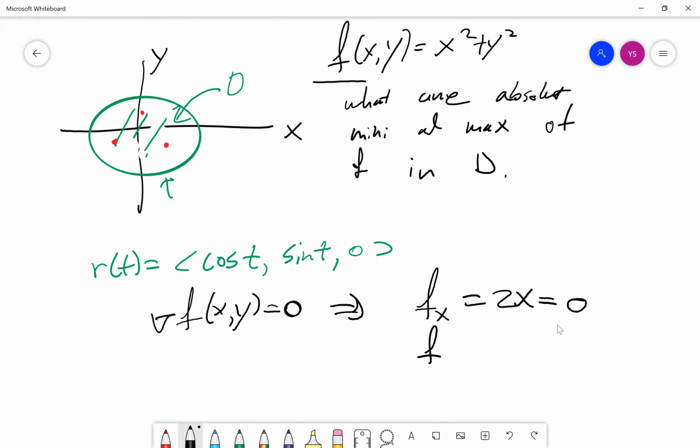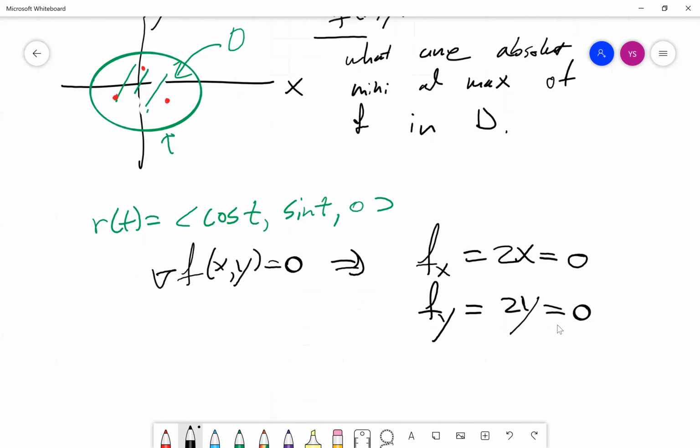And the partial of f with respect to y, which is equal to 2y, should also be 0. And that tells us the critical points inside the domain, which of course is the point x is equal to 0, and y is equal to 0. So 0, 0 is a critical point, right?